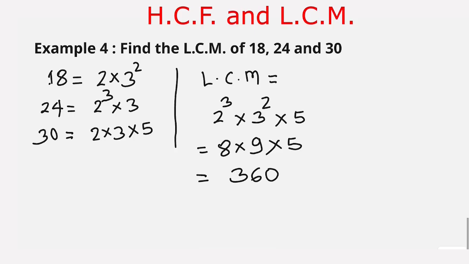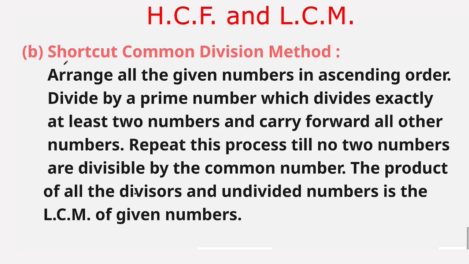I hope you have understood the prime factorization method of finding LCM of given numbers. Now we go to another method of finding LCM of given numbers. Part B, shortcut common division method. Arrange all the given numbers in ascending order.